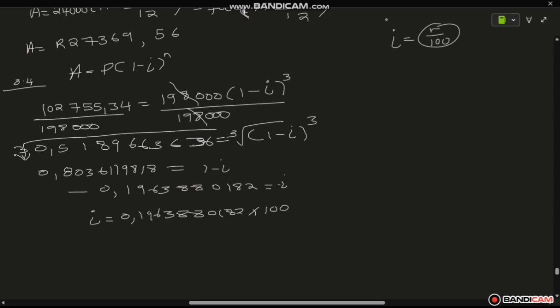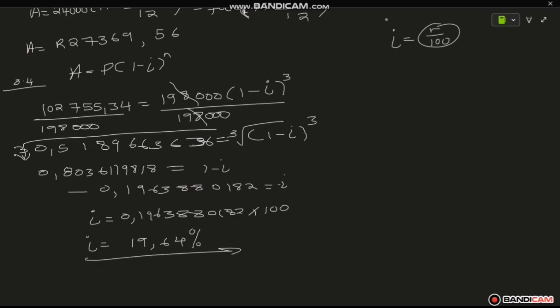So the answer now is R. I'm trying to punch it in my calculator. So when it's like this, it's one and the same thing as R: 19.64%. So this is our answer.